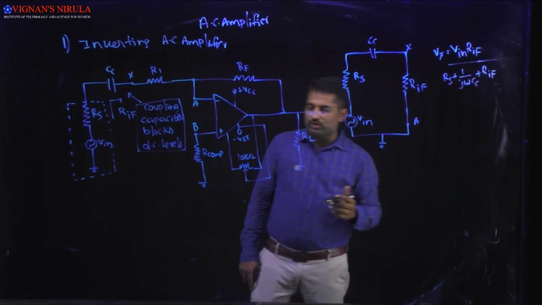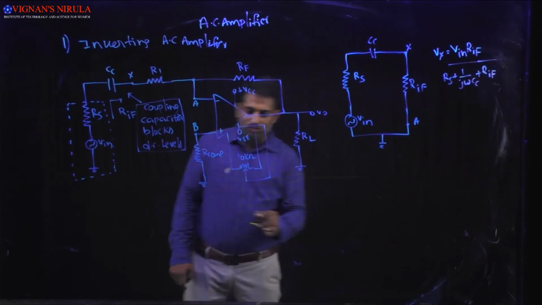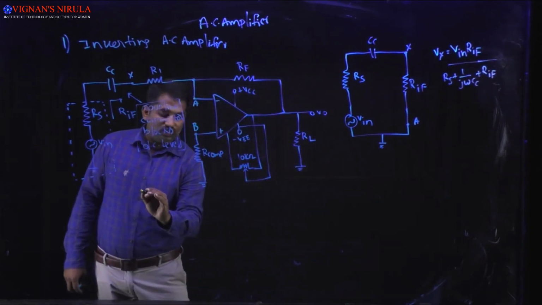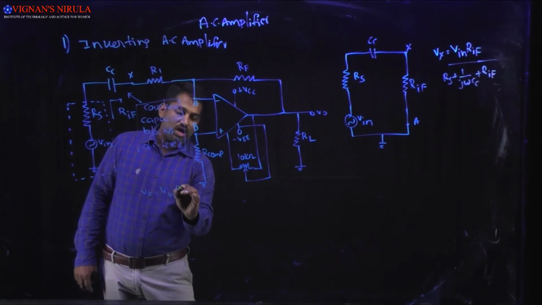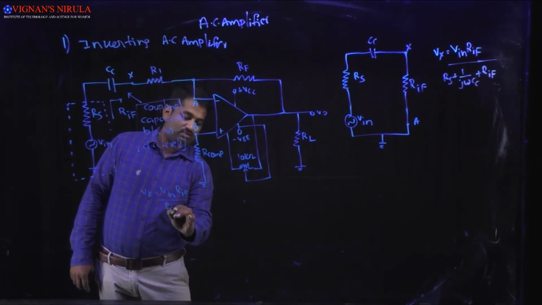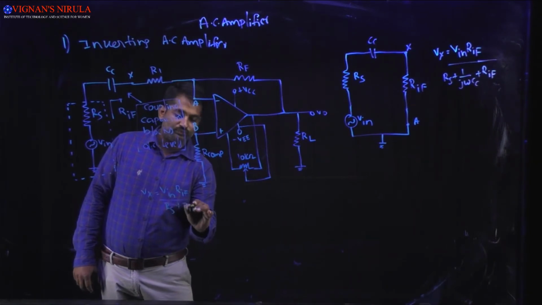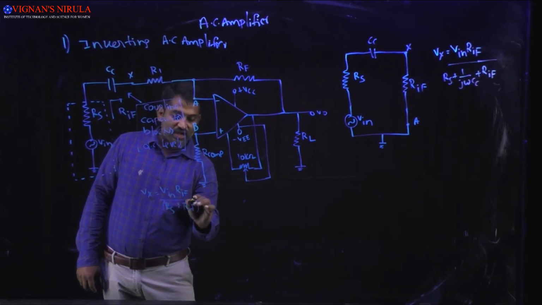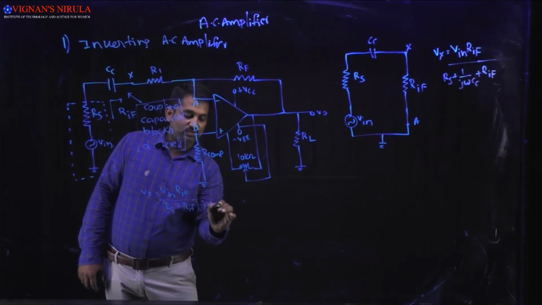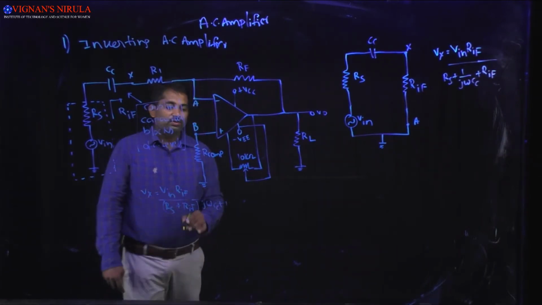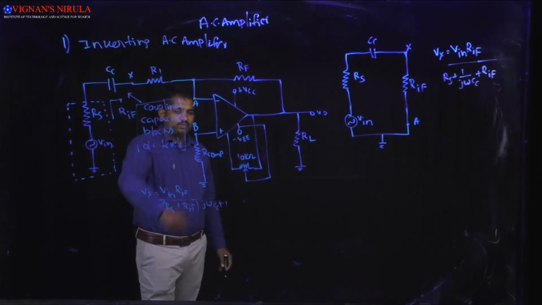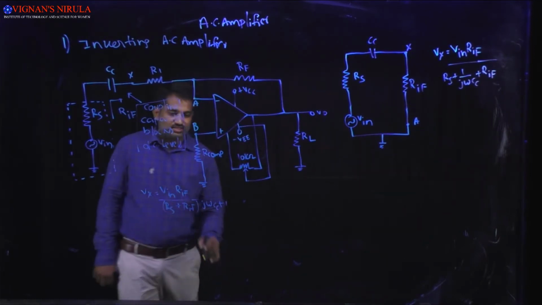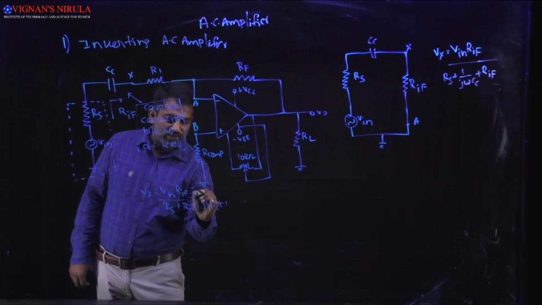So now I am going to solve that equation, so we will get Vx equal to Vin into Rif divided by Rs plus Rif into j omega Cc plus 1, into j omega Cc.